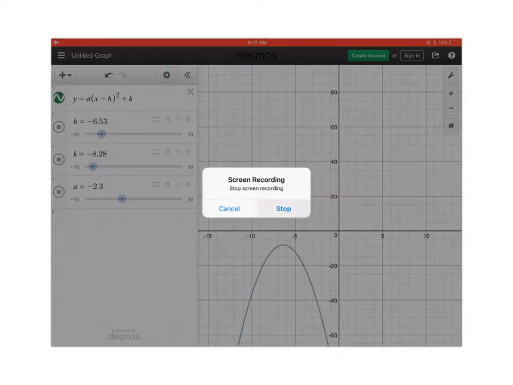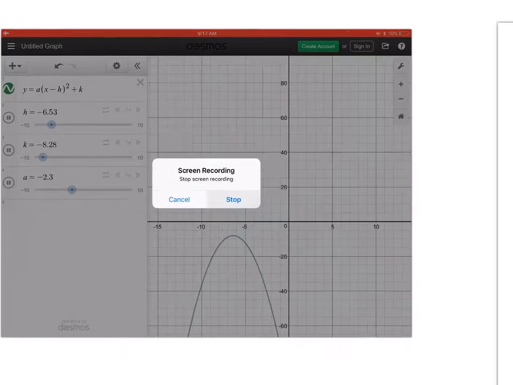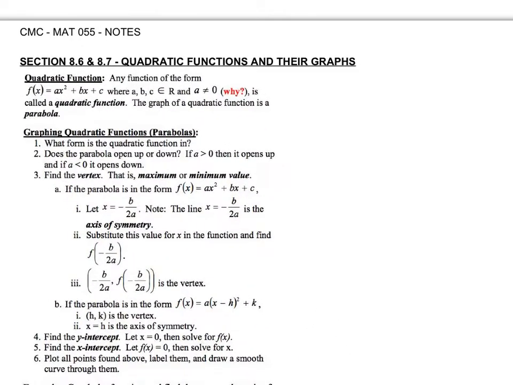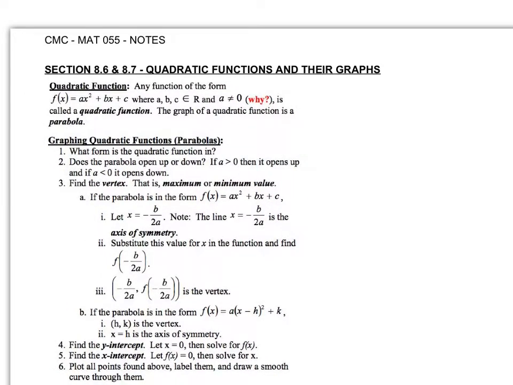So, all right, let's go back to our notes here. What we're doing is graphing our quadratic functions. Now, what we've been doing is finding the x-intercepts, which is really important, but it's also important that we figure out the vertex, which is either a maximum value or a minimum value, the axis of symmetry, and then your x and y intercepts.